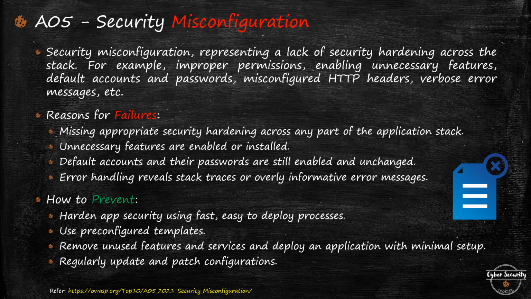And it can be prevented via proper configuration and testing, regular security audits and assessments. You can perform a vulnerability assessment to identify any weaknesses in the system, use pre-configured templates, remove unused features, and regularly patch and update your configurations.